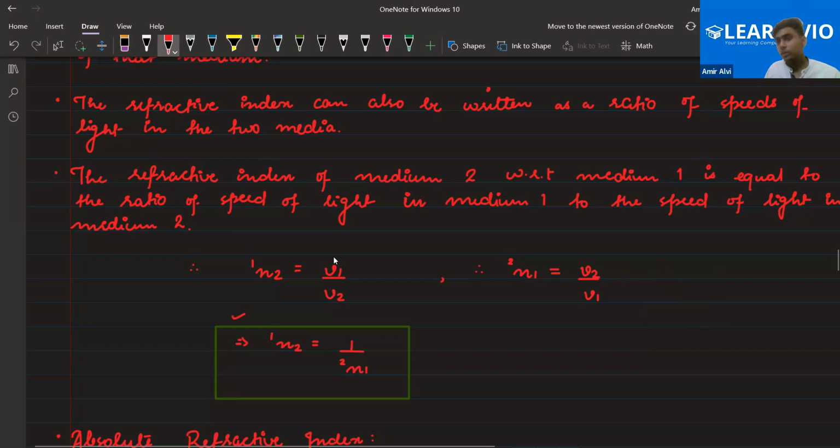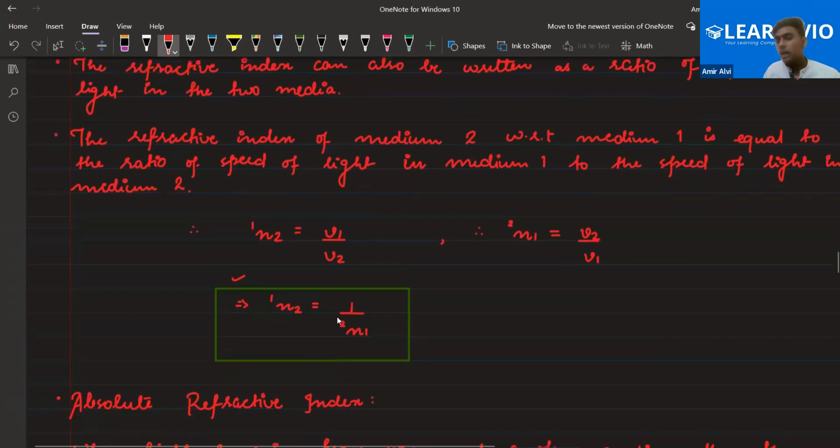Aayan, Arish, Junaid, sure? This is the basic relationship between the refractive index of medium 2 and medium 1.